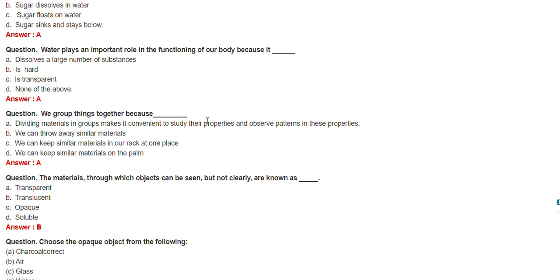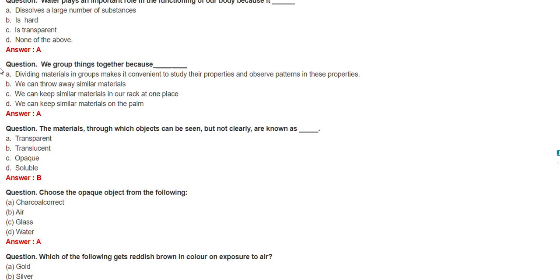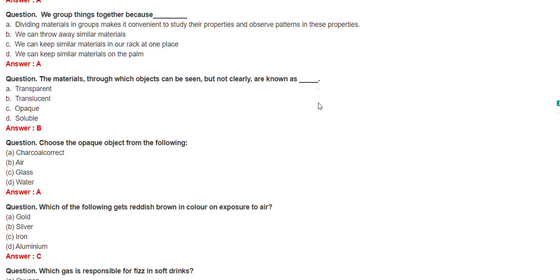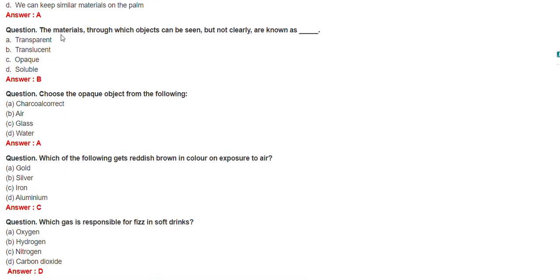of substances. Next, we group things together because dividing materials in groups makes it convenient to study their properties and observe patterns in these properties. Next, the materials through which objects can be seen but not clearly are known as?